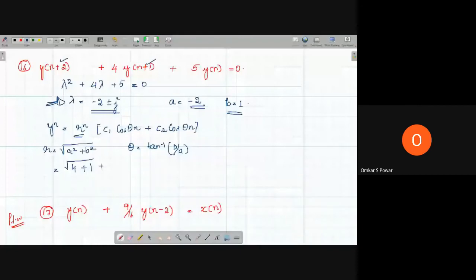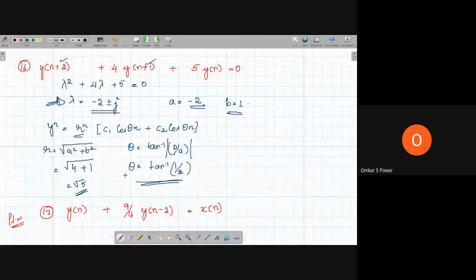Then what is the value of theta? Tan inverse of b by a, so 1 by minus 2. This is modulo, whatever you get, you should take the positive value. Now we have got the value of theta and the value of r, so substitute in this equation.